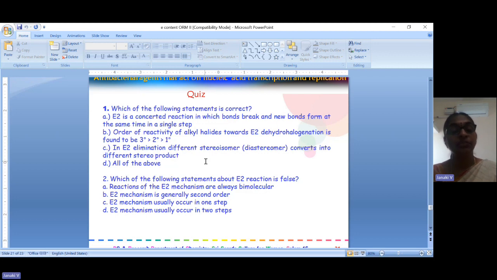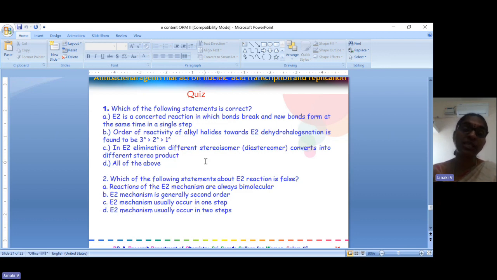And then we will see the next question, that is which of the following statements about E2 reaction is false. E2 reactions are always bimolecular. E2 reaction is generally second order. And the E2 reaction usually occurs in one step, and then the E2 reaction usually occurs in two steps. We know that E2 reaction is a single step and it is second order.